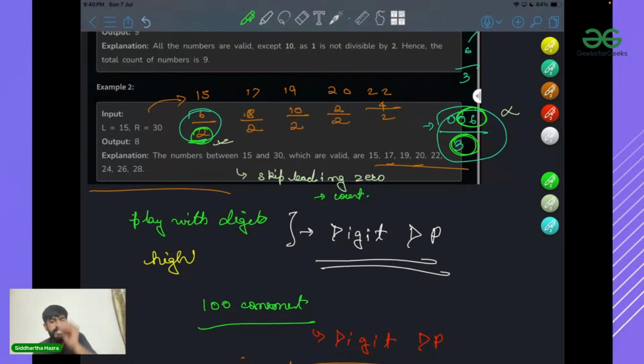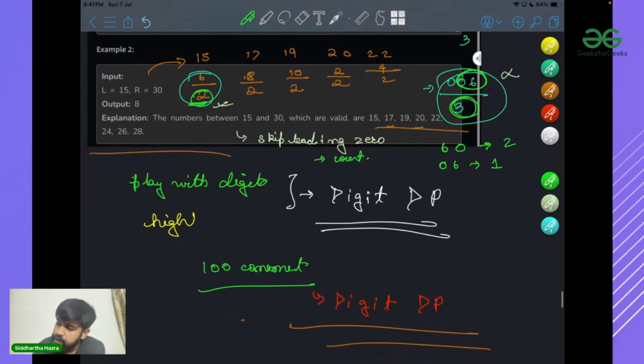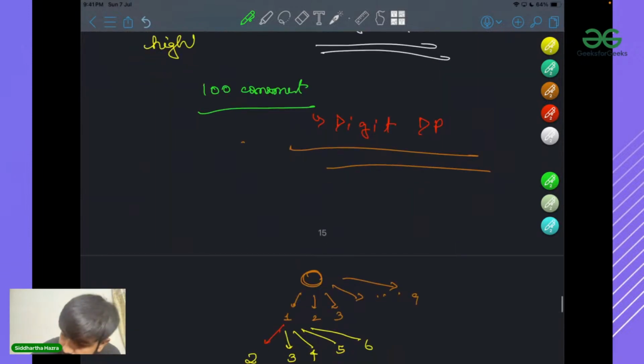See, 60 is valid. 60 has 2 digits, but 06 should be counted as 1 digit. So how can we do that? See, 6006, here the number of digits is 4, but 00606, here the number of digits is only 3.